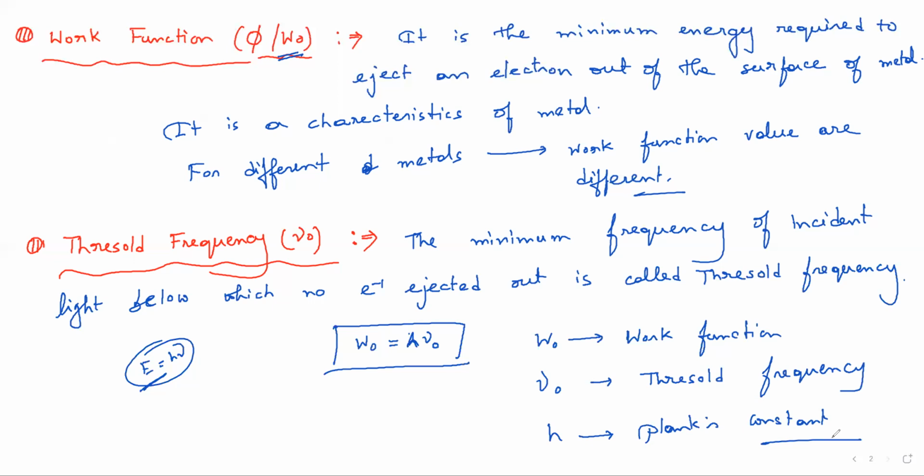Just write it down. Okay, completed. Next, suppose this one is a metal and here this one is a photon.